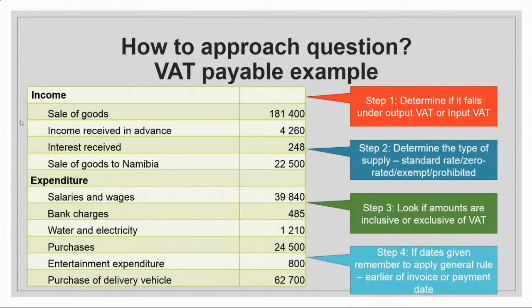Entertainment would not necessarily be an exempt supply, Alzana, but that would fall under your prohibited items, where we are not allowed to claim the input VAT for that specific item. So that is one of the items as well. What else could potentially not be standard rated in this question?